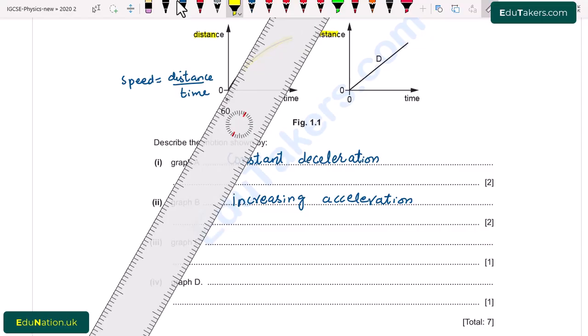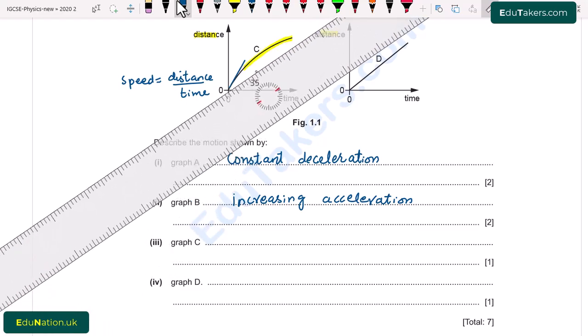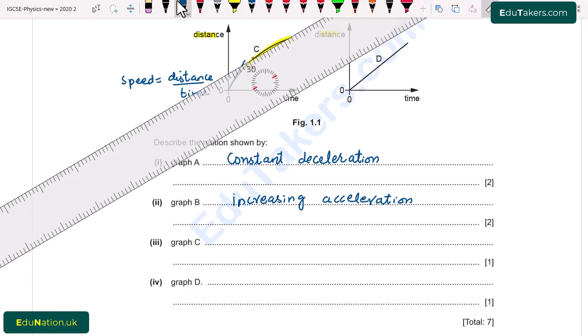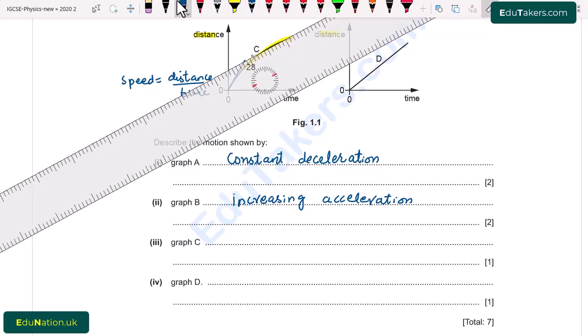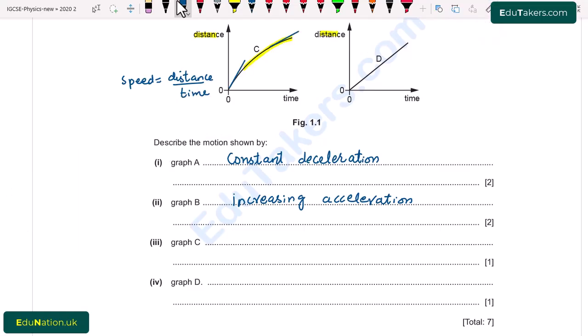At the starting point, it is just like this, and at the ending point, the tangent will be in this direction. So you can see from here that the gradient is decreasing and speed is also decreasing. So it's the decreasing speed graph.